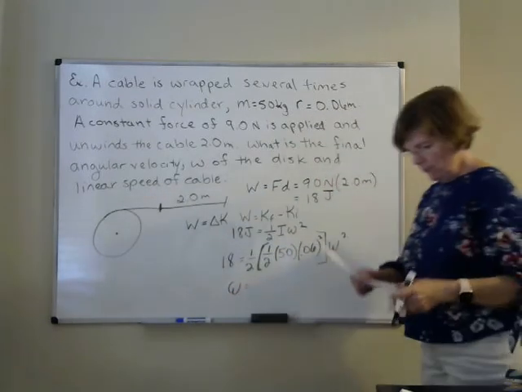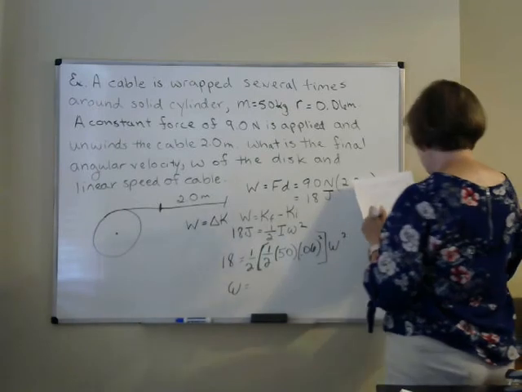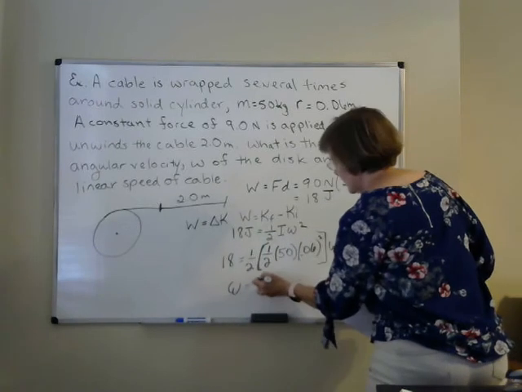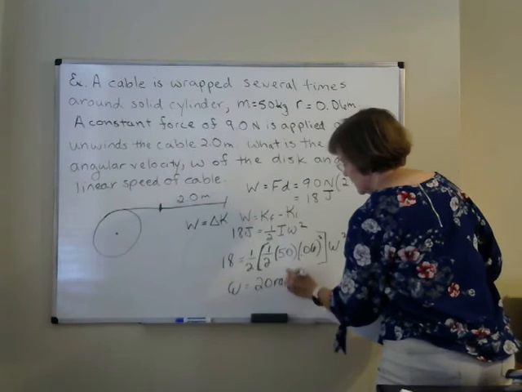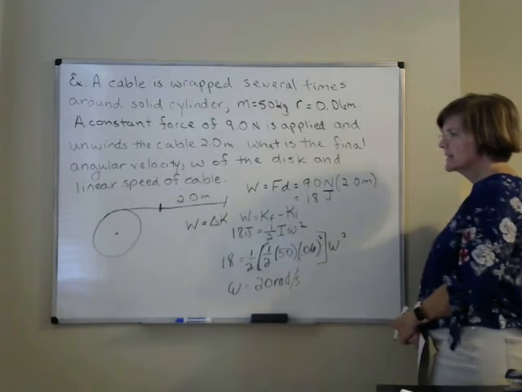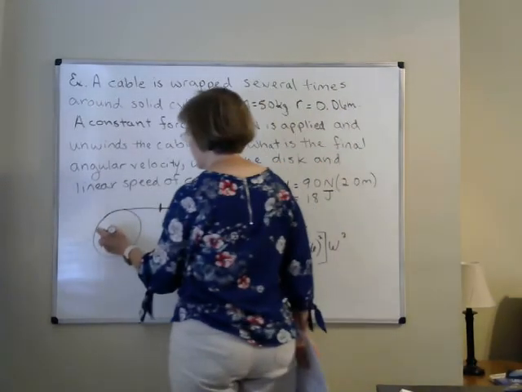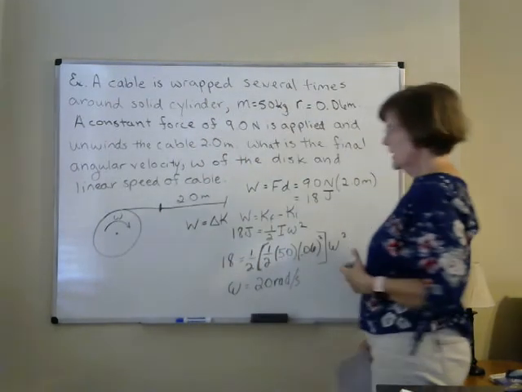This is just algebra. I can go through all that algebra. When I get done, I come up with 20 radians per second. So I know that the disk is spinning, this disk right here, spinning with omega, is 20 radians per second.